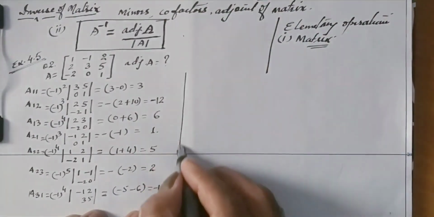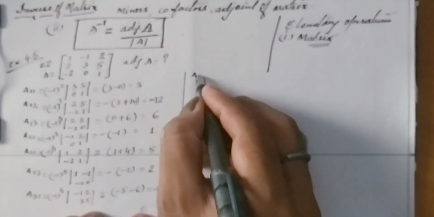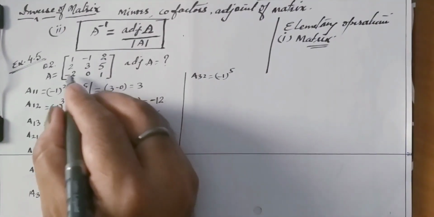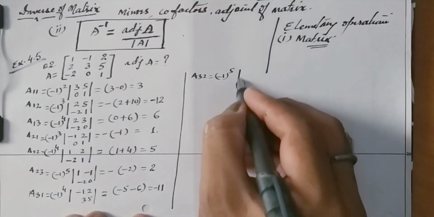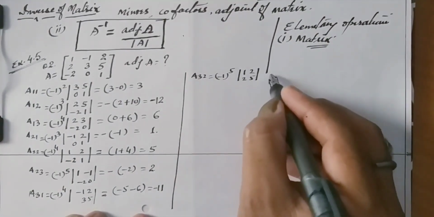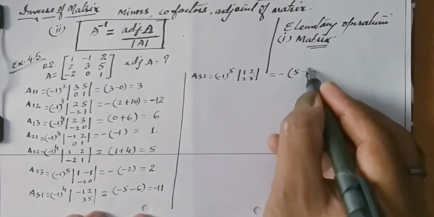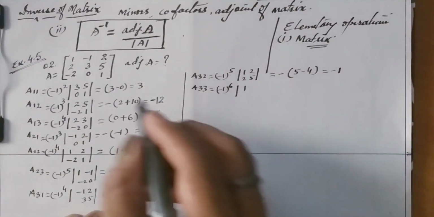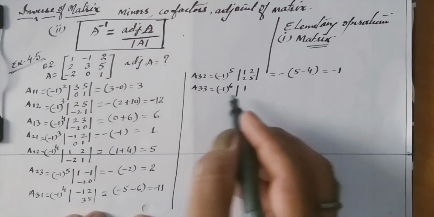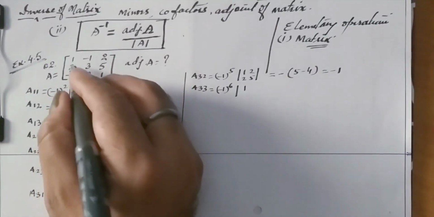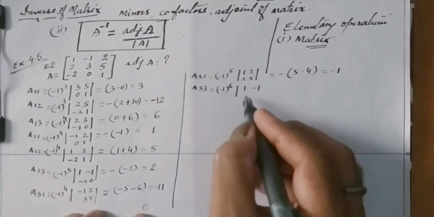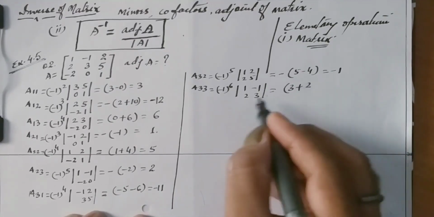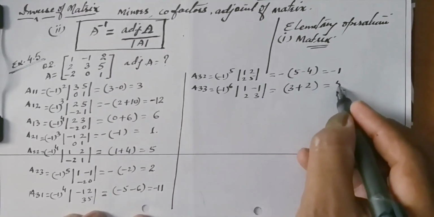And then next is A32, which is equal to minus 1 to the power 5. A32 means this 0, leaving this way, 1 2, 2 5, which is equal to minus 5 minus 4, which is equal to minus 1. Now the last, A33, is minus 1 to the power 6 and then leaving this way, 1 minus 1 and 2 3, which is equal to 3 plus 2, which is equal to 5.